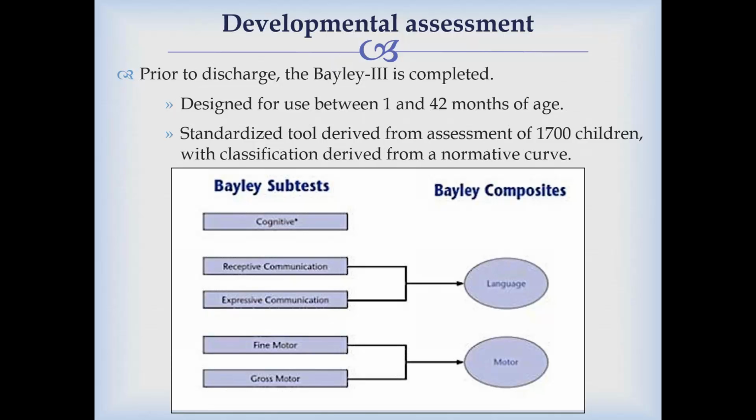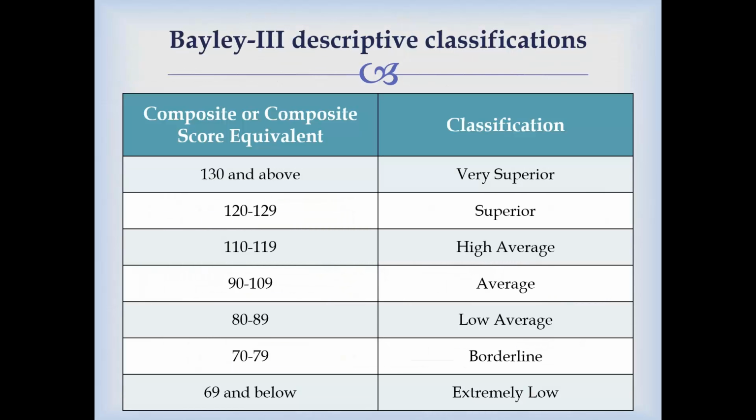The Bailey subsets are in the areas of cognition, receptive and expressive language, gross and fine motor. The descriptive classifications include your scoring on the left. So scores on the Bailey of 69 and below were classified as extremely low outcomes, 70 to 79 borderline, and so forth.